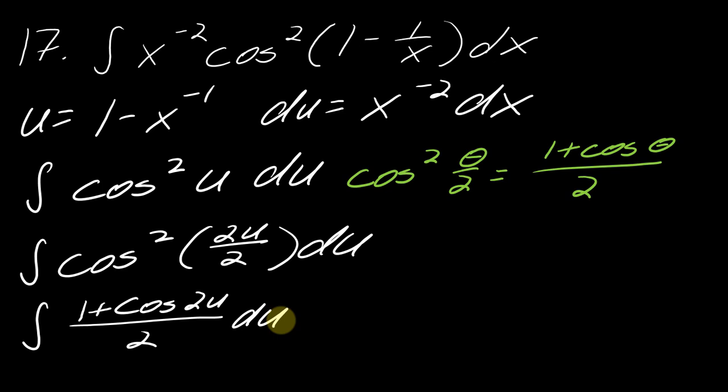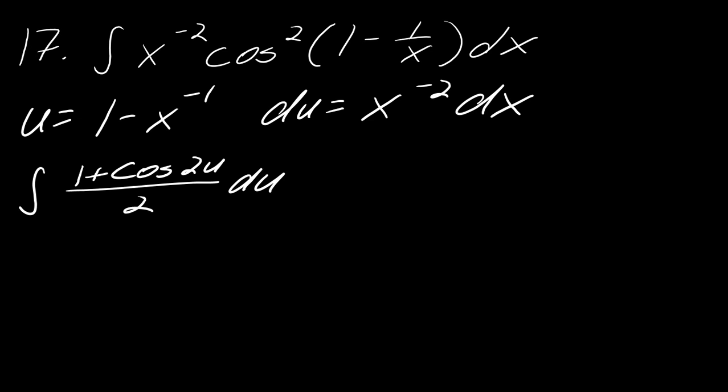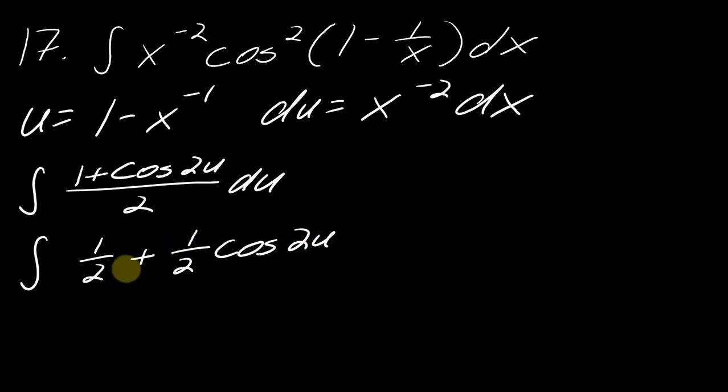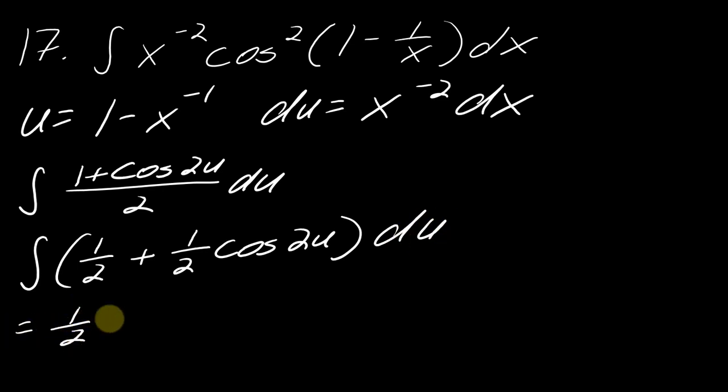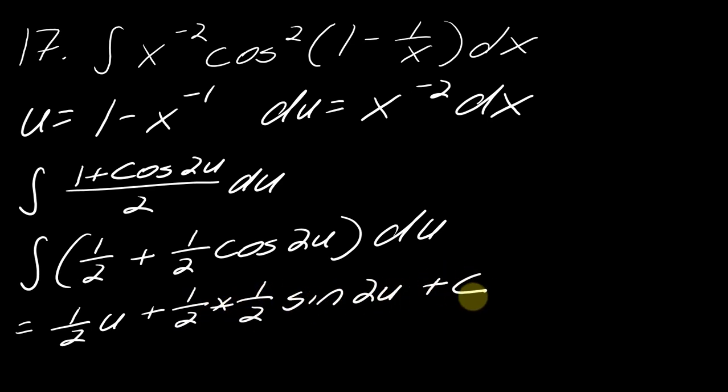Okay, so now I can integrate this. So let's see, I need some space, so I'll clear some space. Okay, so now let's write this out as 1/2 plus 1/2 cosine of 2u. So I just have to integrate this. So this is 1/2 u plus 1/2 times 1/2 sine of 2u plus c.